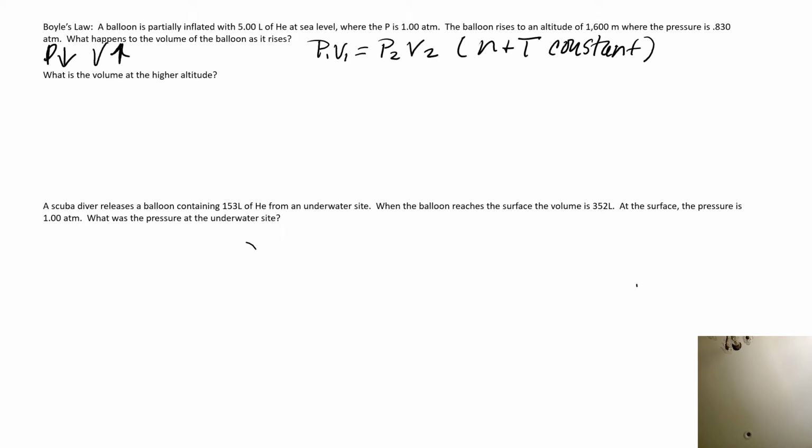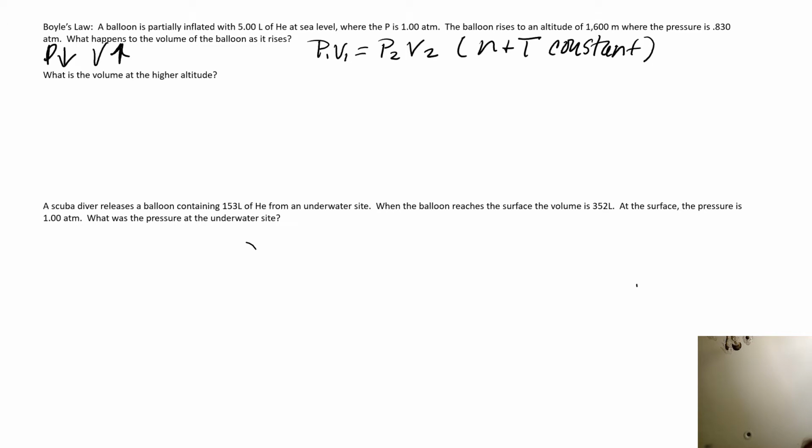So we should, when we calculate the volume at the higher altitude, get a volume that is larger than 5 liters. So an important part of working the gas law problems using the individual gas laws, Boyle's, Charles', Avogadro's, is identifying what you're given and rearranging that equation appropriately.